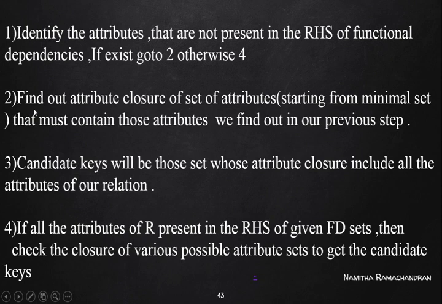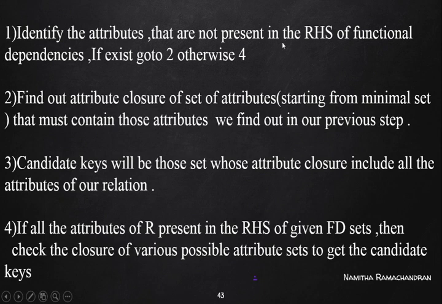What is it? Find the attribute closure of the set of such attributes. That means find the attribute closure of the set of attributes derived in step 1. What is it?